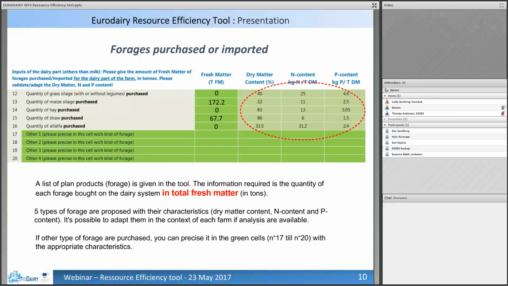So some example from the experimental farm. You can find here, for example, the quantity of maize silage purchased, 172 tons of fresh matter.